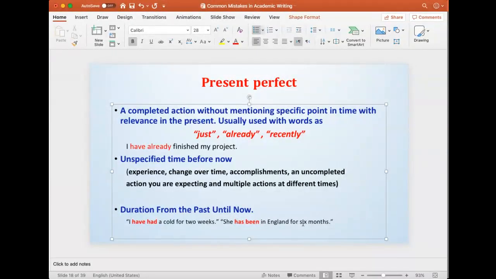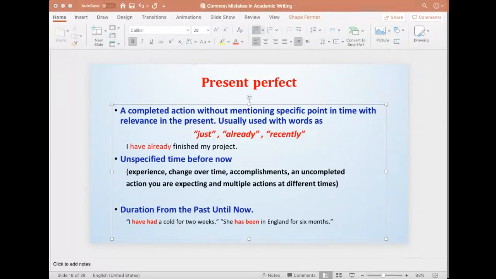The second one, she has been in England for 6 months. So she went to England 6 months ago, and she is still there. She hasn't moved.